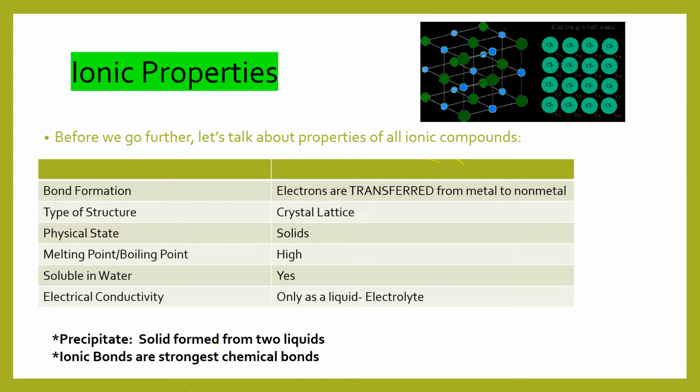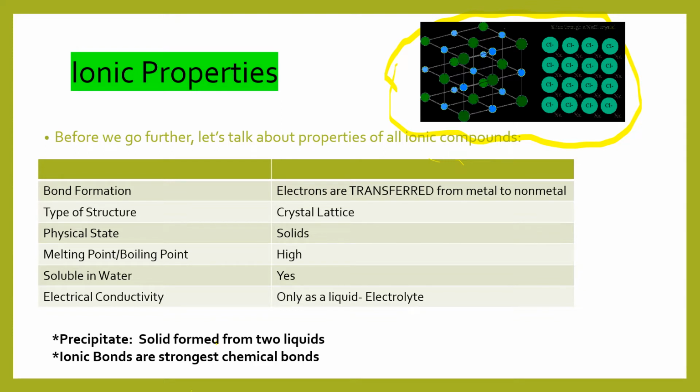Okay. So up here, this is a picture of a crystal lattice structure. And what it is, is that your negative ions surround your positive ions and vice versa, and they form this lattice structure. Okay, this is what salt would look like under a microscope. It looks like a crystal.